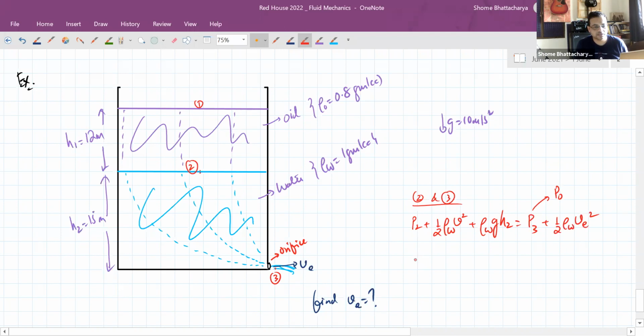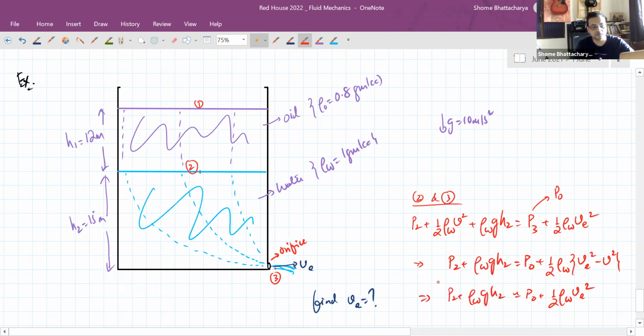So I can say that P2 plus density of water into g into h2 is equal to P naught plus half density of water into efflux square minus V square, where I can approximate this as efflux velocity square.